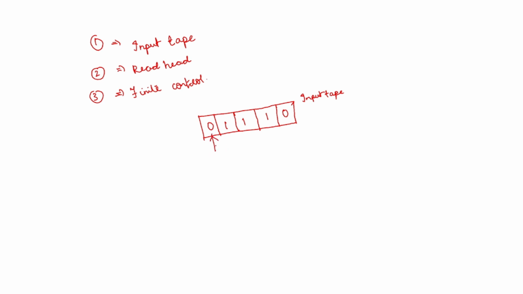This is our read head, and the read head first points to the first element or symbol of the input tape, and it goes from left to right covering the next element, the next element, and the last element. And this read head is connected to a machine which is our finite control.